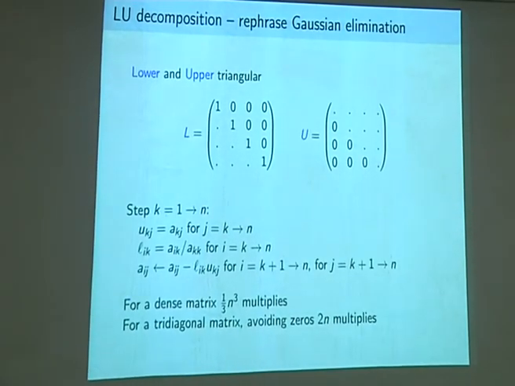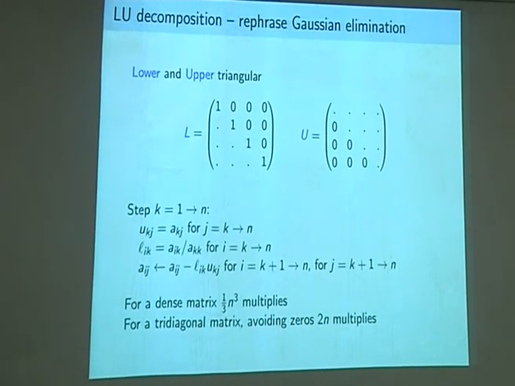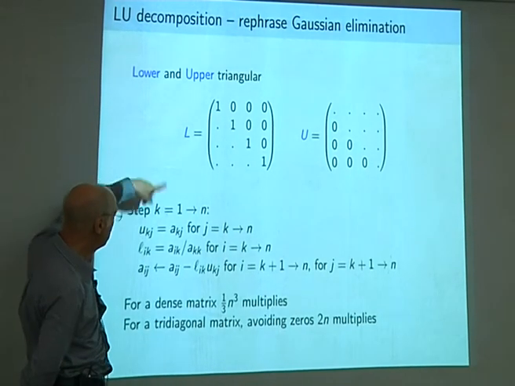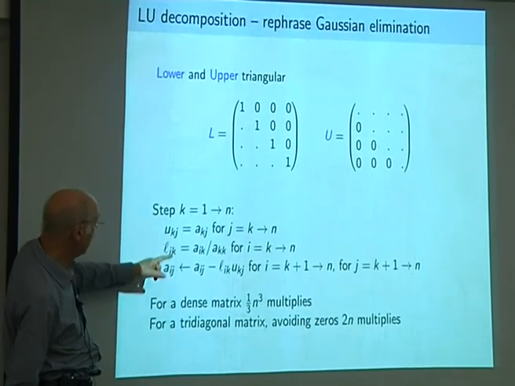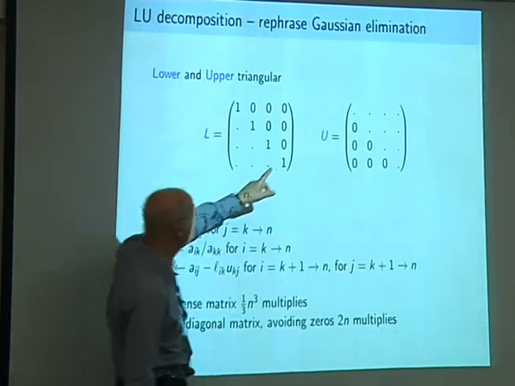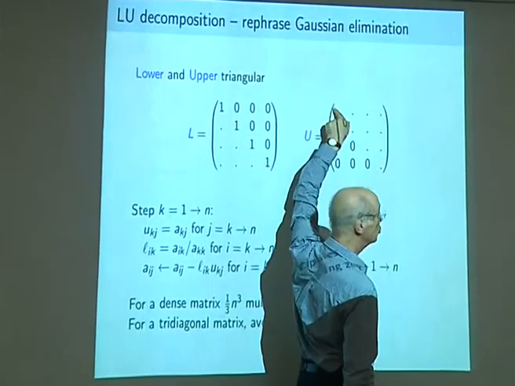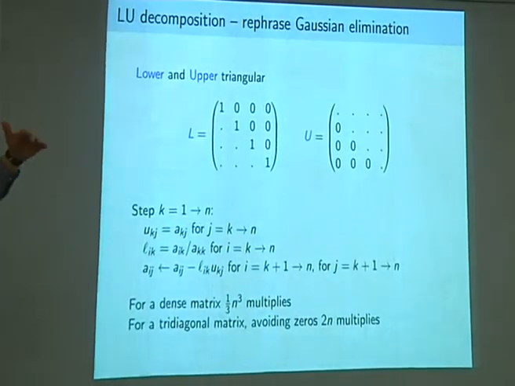So we'd like to write the problem like that, and it's done in the same way that you go down row by row. So k is going down the rows, and you set the upper triangular essentially equal to the row that you've arrived at.